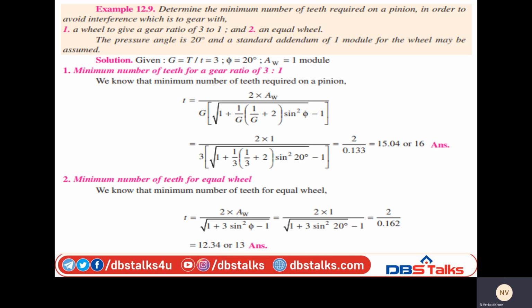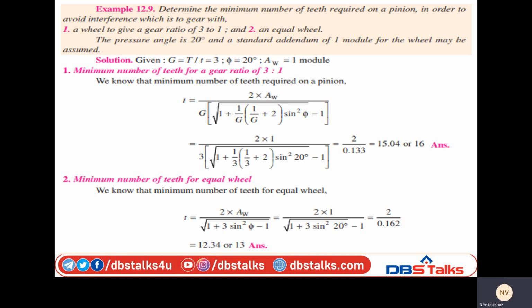And the second one is having equal wheel. Then the pressure angle is 20 degrees and the standard addendum of one module for the wheel may be assumed. So addendum of the wheel is one module.